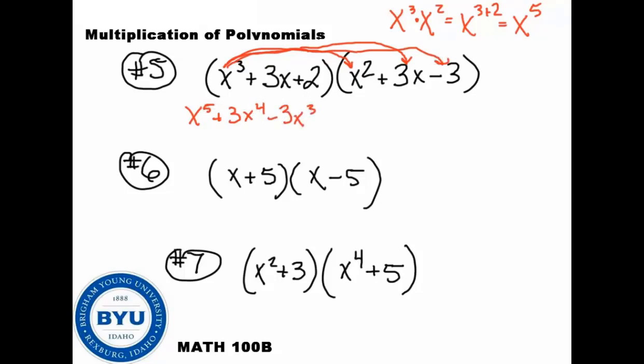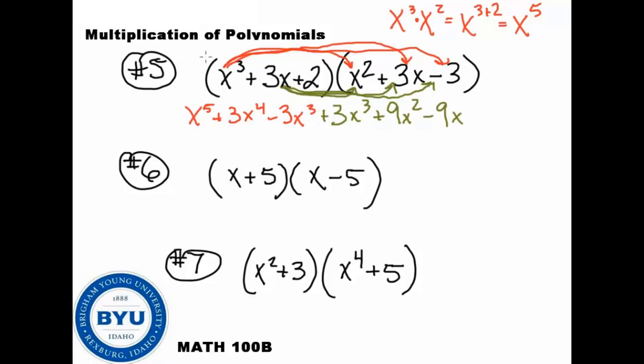Okay, good so far? Then 3x times x squared comes out to be 3x cubed. Then 3x times 3x, which comes out to be 9x squared. And then 3x times negative 3, which is a minus 9x. Okay, good so far?